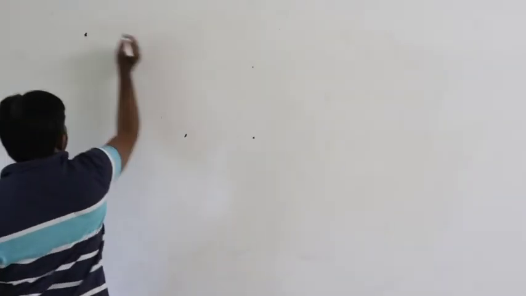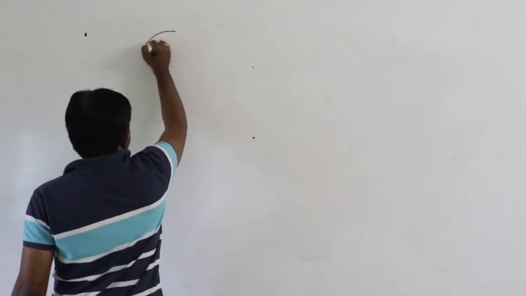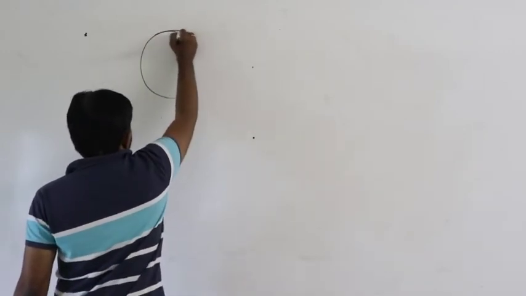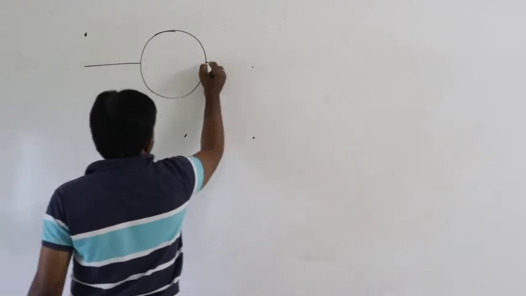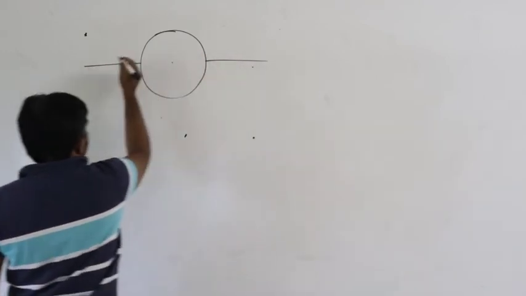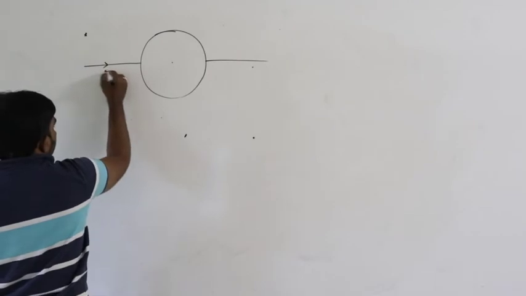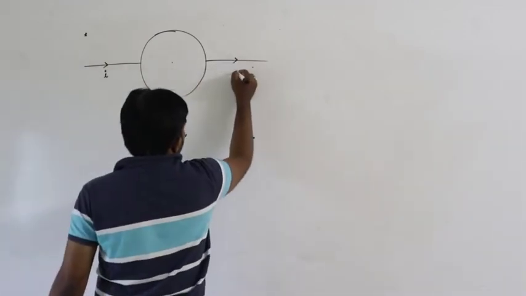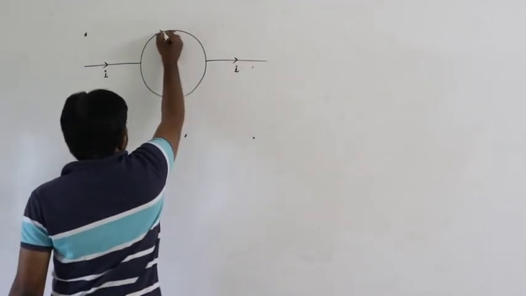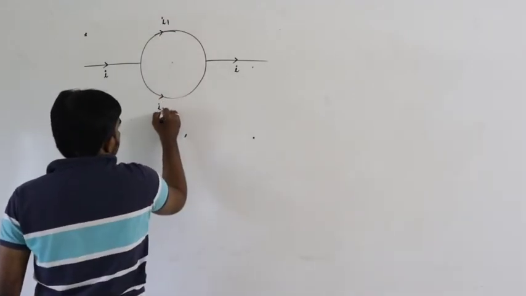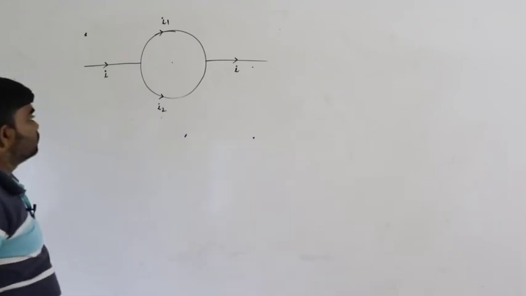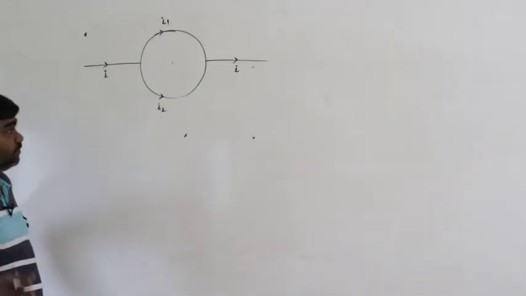Again the same situation. This is the current I and this is also the current I. It divides into two parts, I1 and I2.